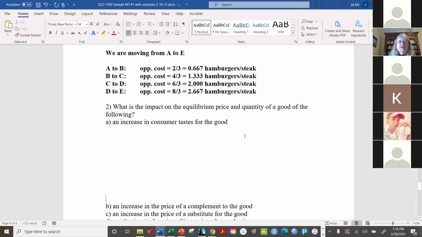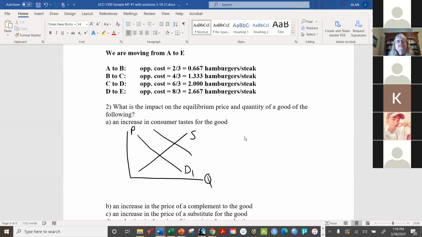Obviously, if people want more of a good, the demand has gone up. All right. So we'll have these 2 points, both of which represent equilibrium.